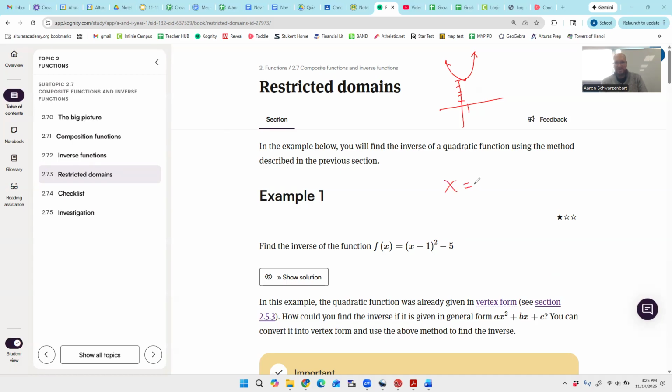So this one, I'll just start by finding the inverse. Switch x and y. I will add 5 to both sides, giving me x plus 5 equals y minus 1 squared.